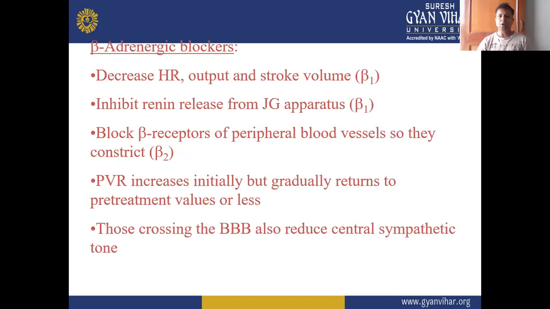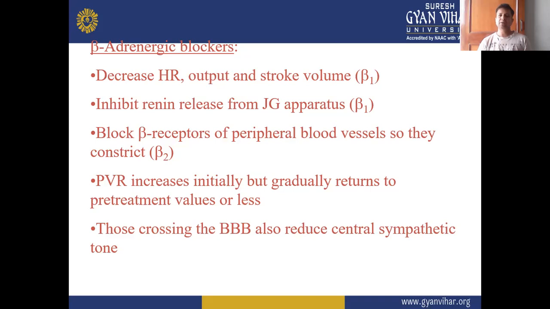Beta adrenergic blockers decrease heart rate, cardiac output, and stroke volume by blocking beta 1 adrenergic receptors. They inhibit renin release from the juxtaglomerular apparatus by blocking beta 1 adrenergic receptors. They block beta receptors of peripheral blood vessels so they constrict.